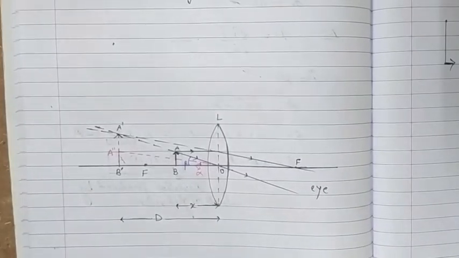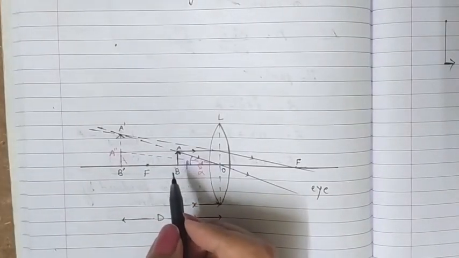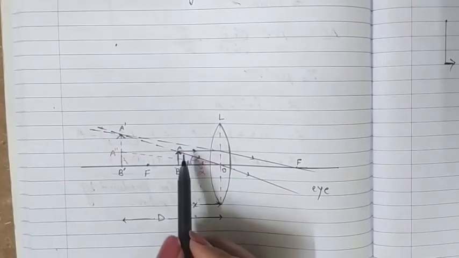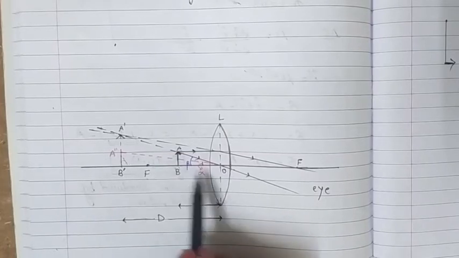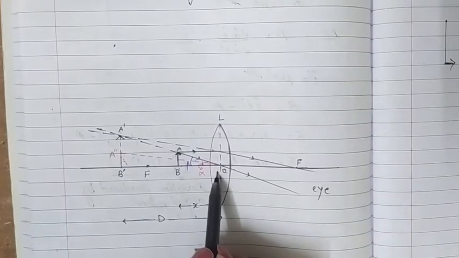So when an object AB is placed at a point between the focus F and the optical center O, so in this case we have to take the object AB placed at a position in between the focus F and the optical center O of a convex lens.